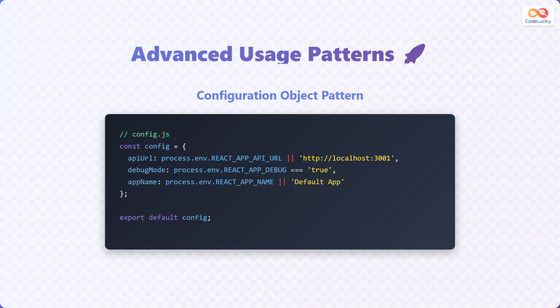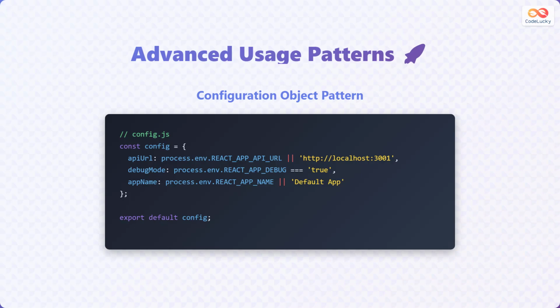For advanced usage, consider using a configuration object pattern. This involves creating a config.js file, where you define a configuration object that reads from your environment variables. For example, you can define API URL as process.env.REACT_APP_API_URL or fallback to http://localhost:3001.